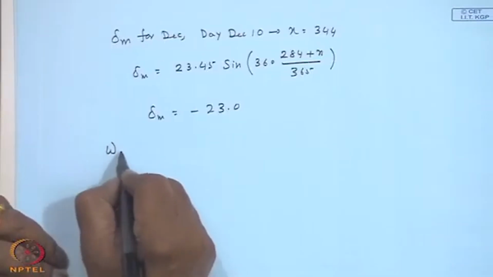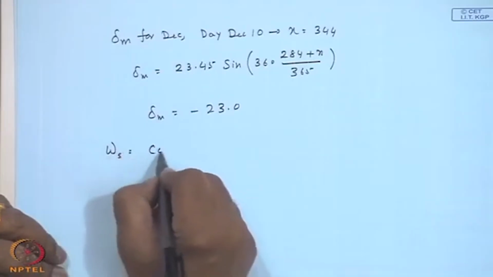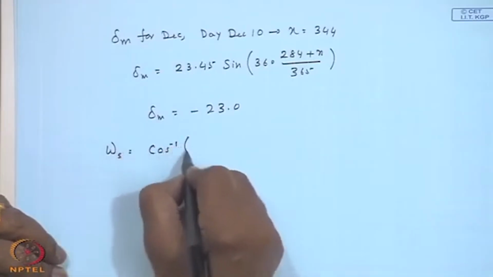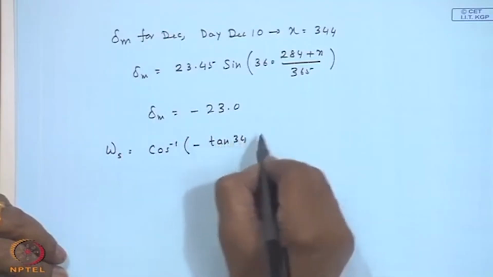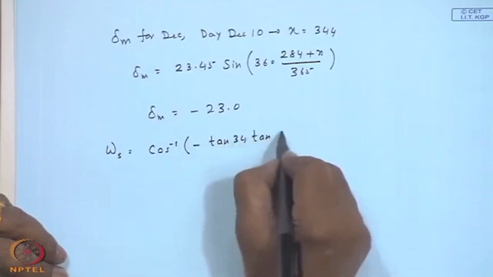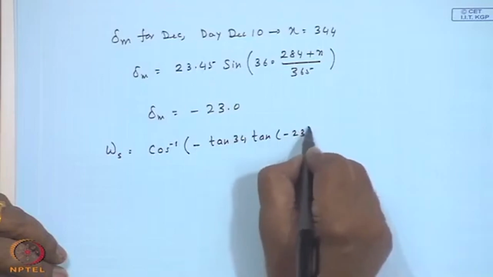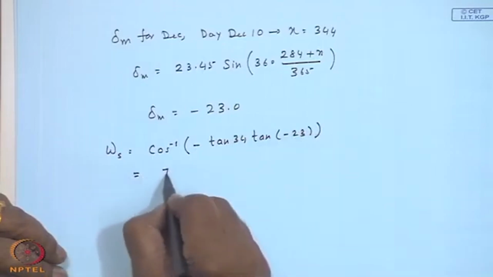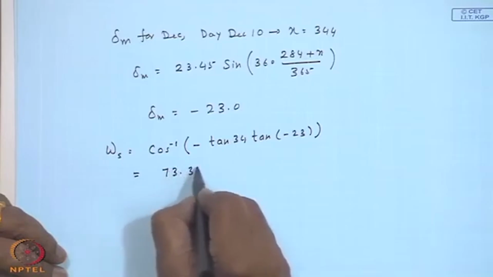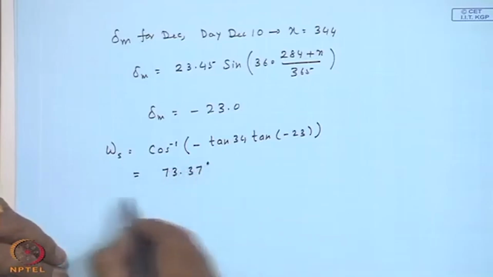Now, we will calculate the sunset hour angle omega s, which is cosine inverse of minus tan 34 tan minus 23, which is equal to 73.37 degrees.